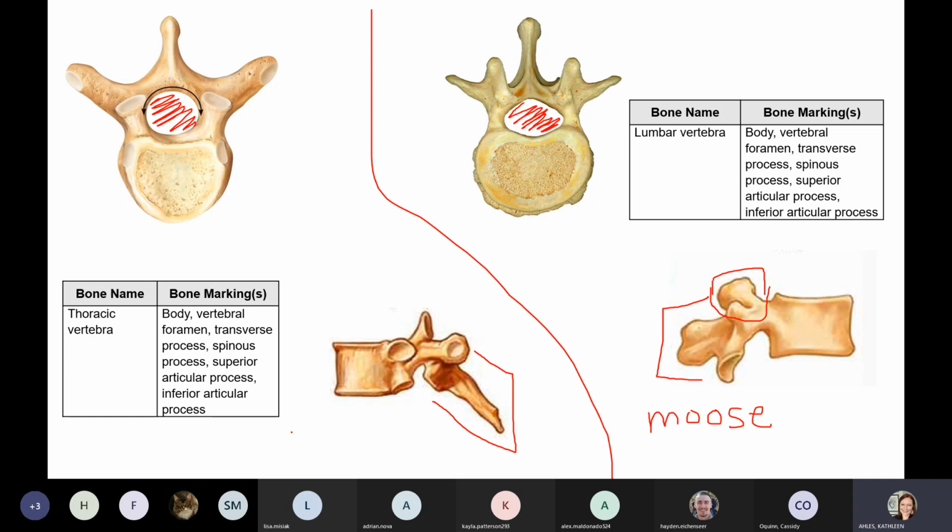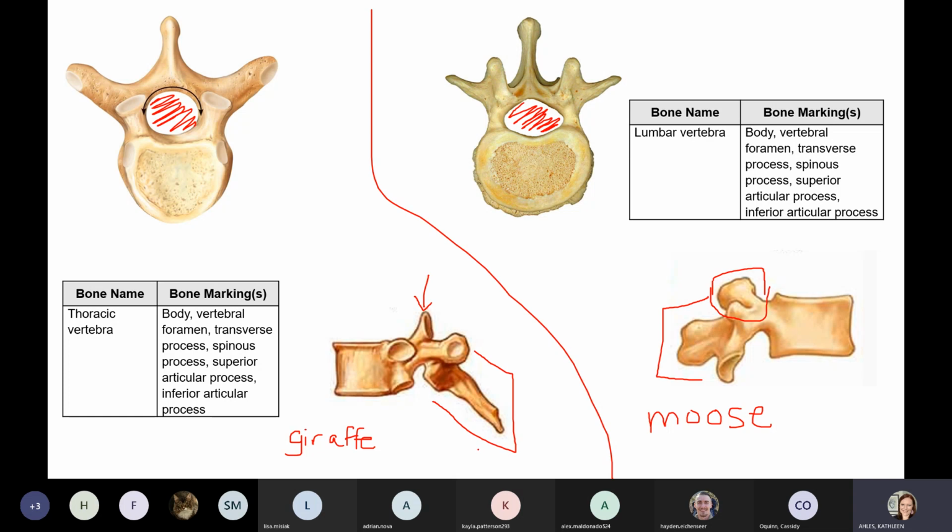Whereas when we look at the thoracic vertebrae, I like to call these ones the giraffe vertebrae, complete with those weird things they have on top of their head. So giraffe vertebrae are thoracic vertebrae. Moose vertebrae are lumbar vertebrae.